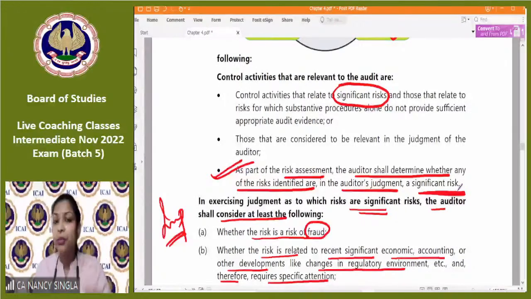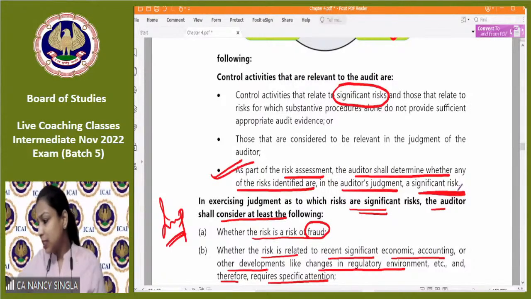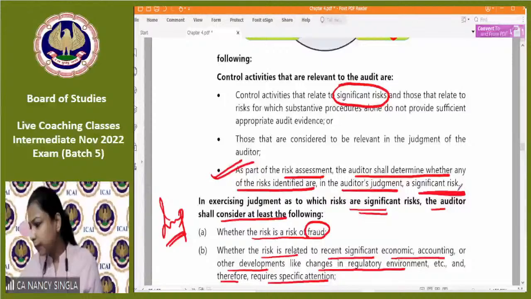If management wants to reduce profits, it may make a high percentage of provision for bad and doubtful debts. So where there is measurement uncertainty, such are the areas where frauds can occur. Okay, Dhanalakshmi, is it clear?